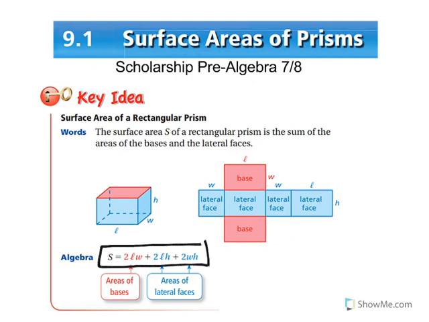I use SA for surface area, or I could use S. If we name the edges length, width, and height, then we're going to use 2 times length times width, plus 2 times length times height, plus 2 times width times height, and add these together.